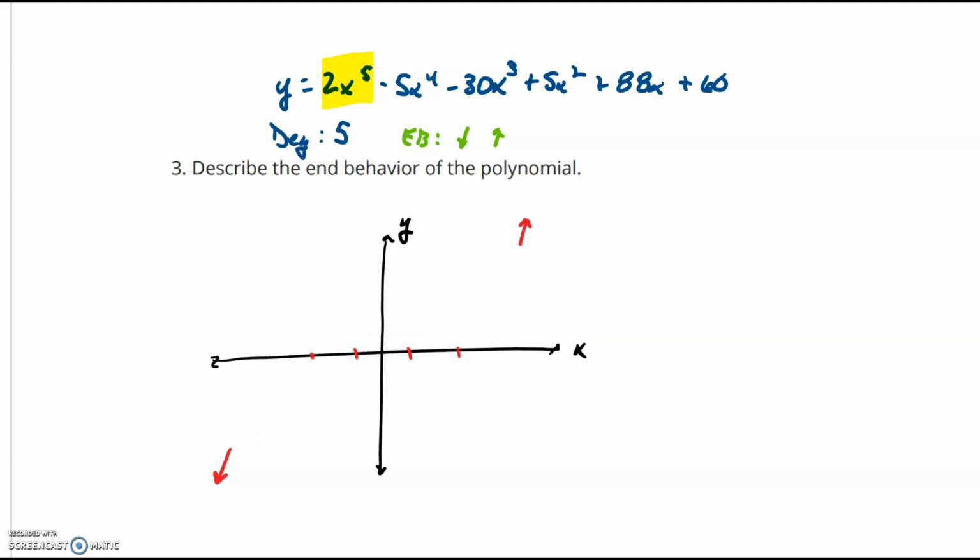Uh-oh, 5 different zeros because it's a 5th degree polynomial. That makes more sense. And there should kind of be what our graph looks like, but notice my end behavior, it is down on the left and up on the right because I have an odd degree polynomial function.